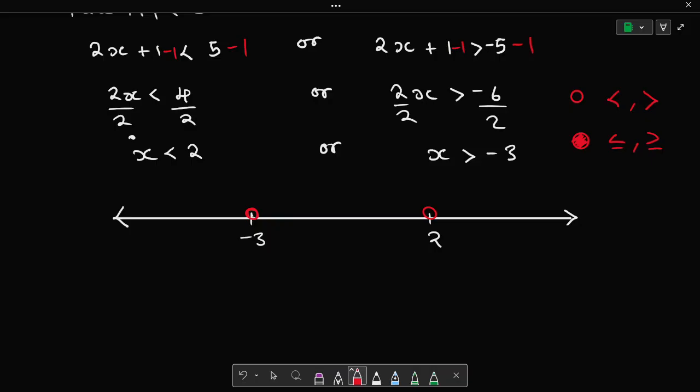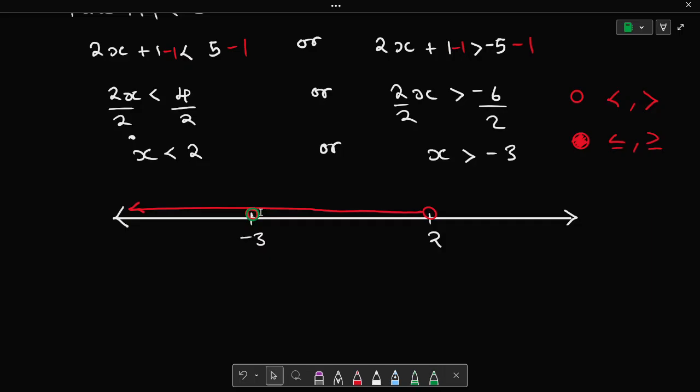And if you look at this, we're saying that x is less than 2. So x is less than 2 is basically going in this direction. Okay, and we have x is greater than negative 3.